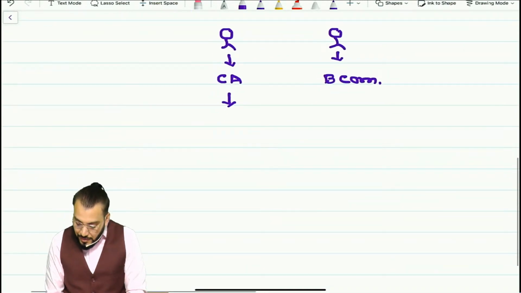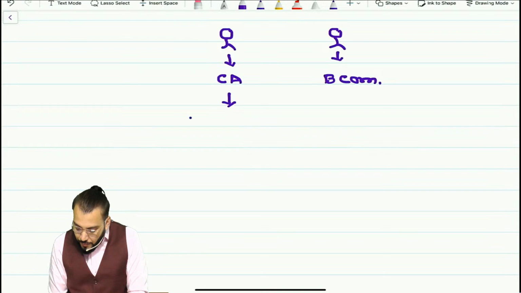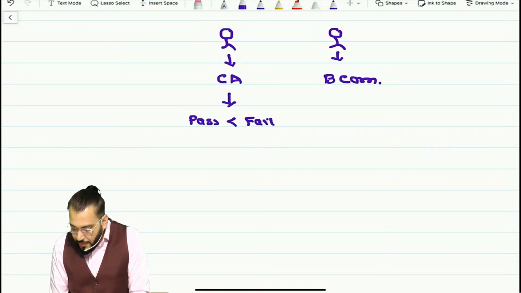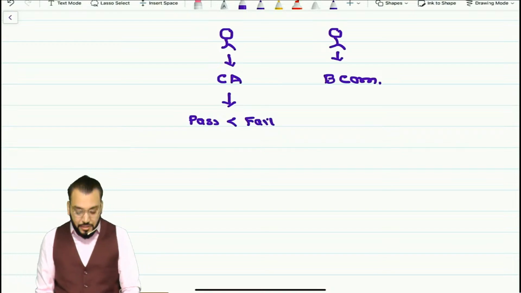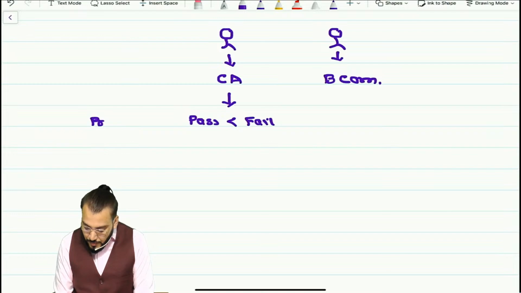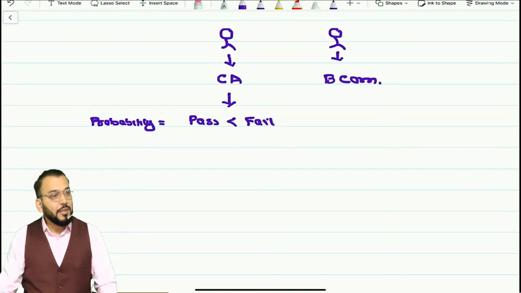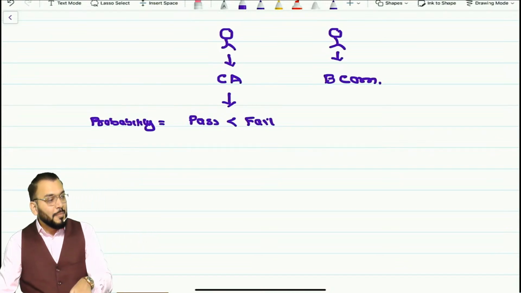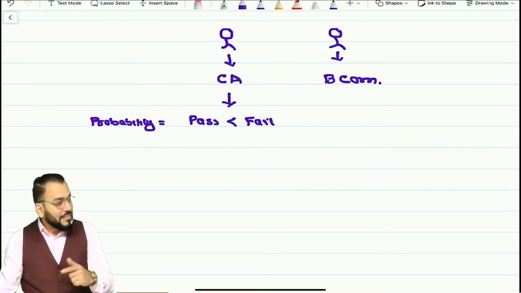So they will say the probability of pass is less than the probability of fail. This is the probability. Have you understood what I am saying? The probability of passing in that exam is less than the probability of failing in that exam.